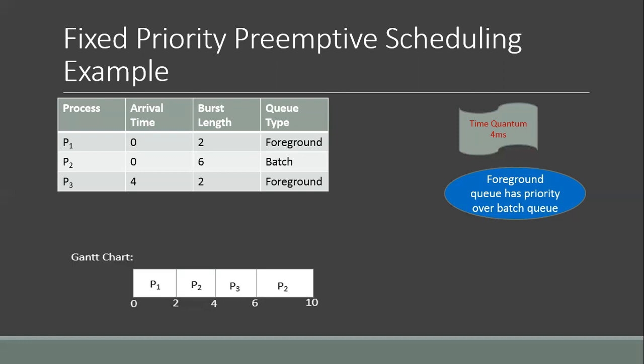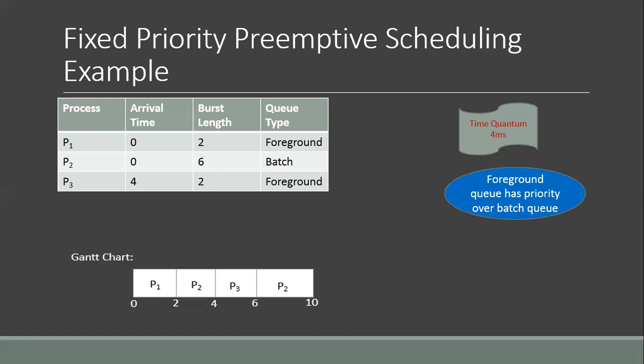Once this process has completed its execution and the foreground queue becomes empty, then a process from the batch queue will be selected for execution. So at time 2, the foreground queue becomes empty. Hence, process P2 has been selected for execution.